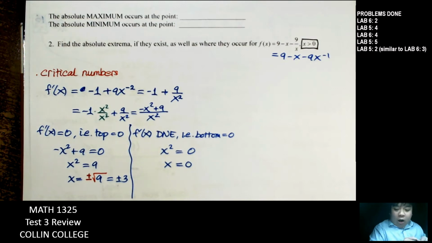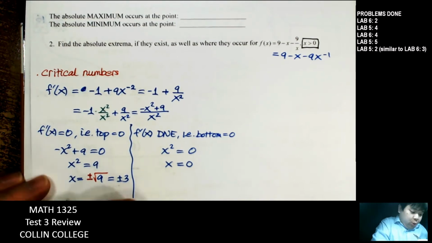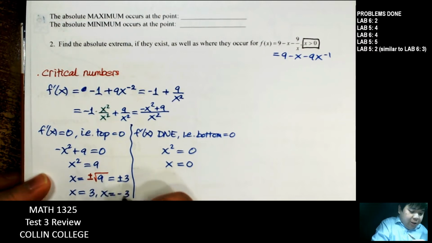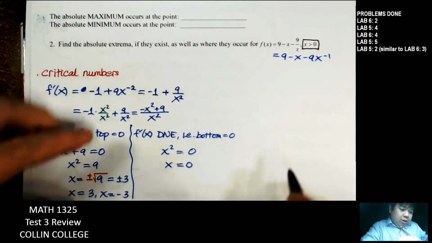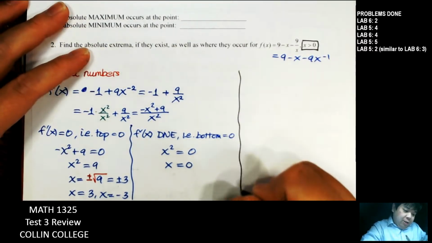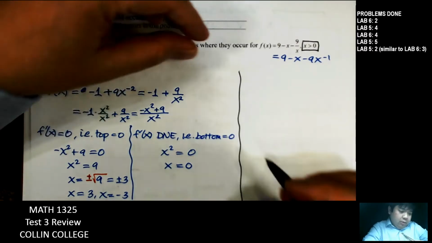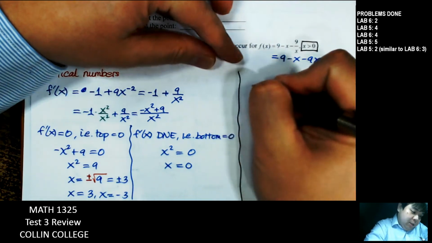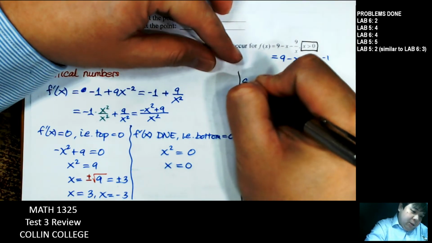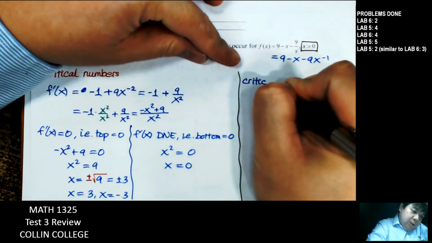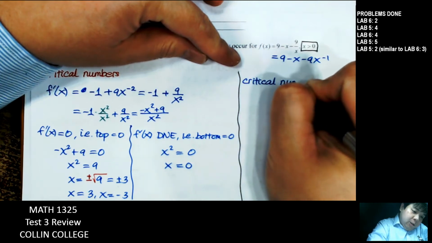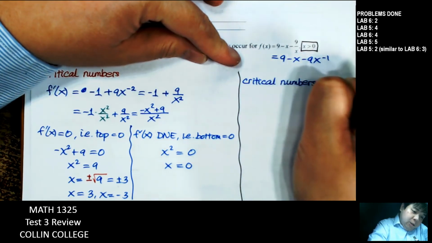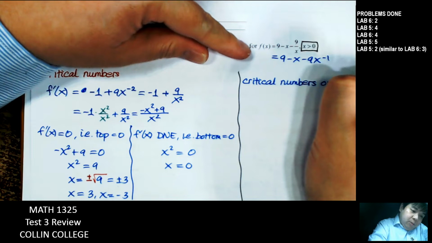Right, next. Good thing in this problem we are given that x must be greater than 0. So the negative 3 doesn't work, the 0 doesn't work, we only have x equal to 3.